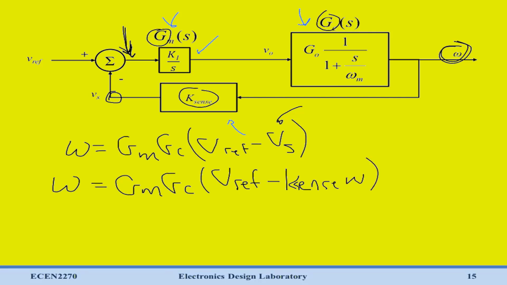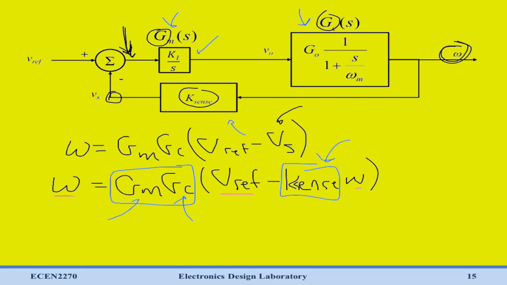And here we have an equation only in terms of known transfer functions and our input and our output. We have our output omega, we have our input Vref, and then we have the transfer functions that we derived. This one for our speed sensor circuit, this one for our motor, and this one for our integral compensator.